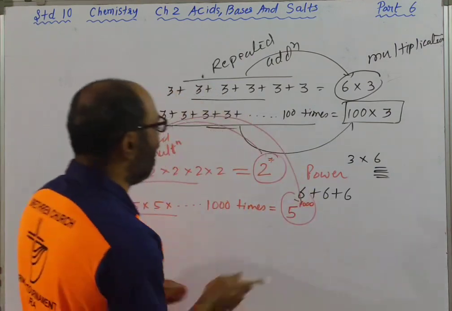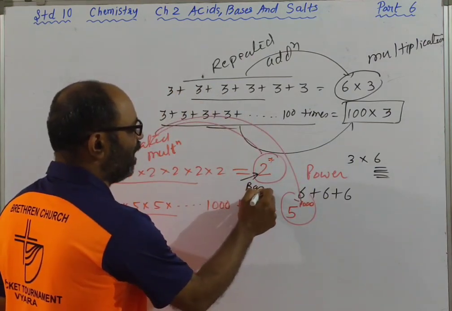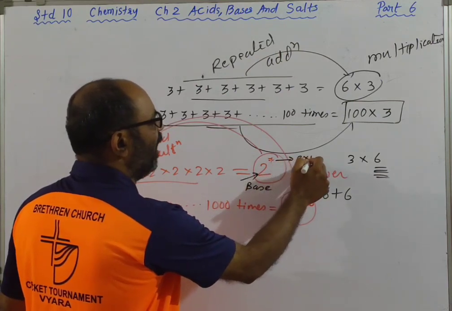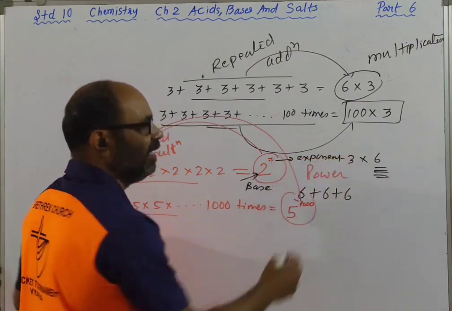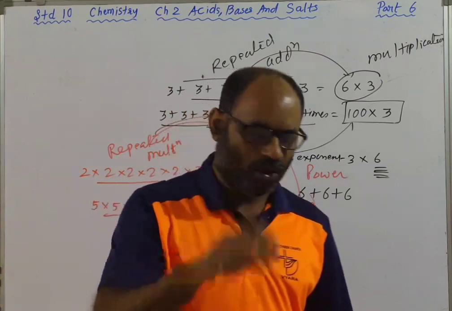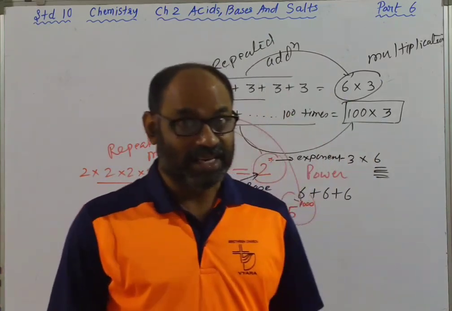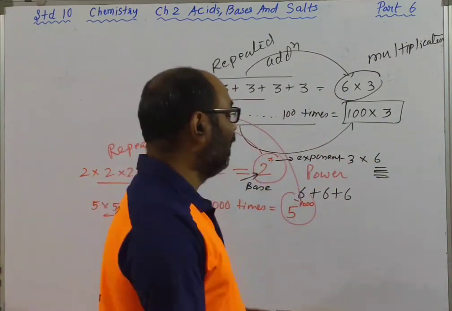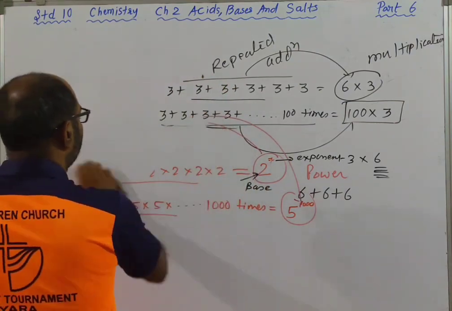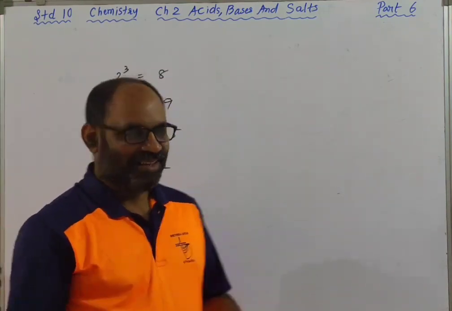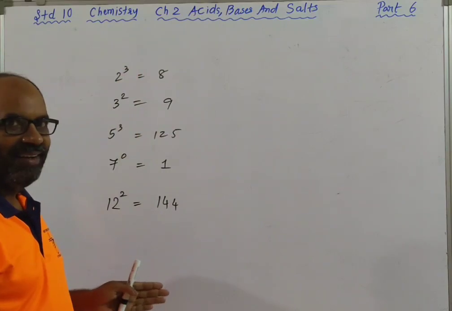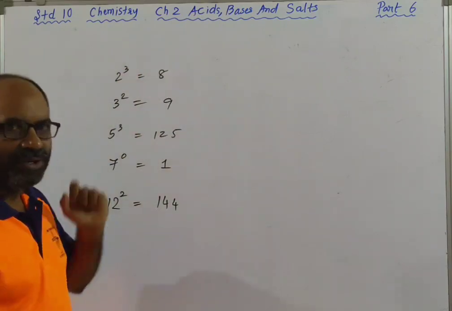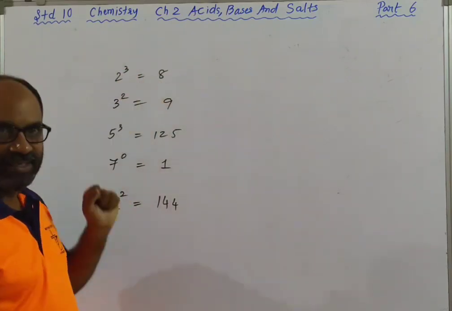In power, this is called the base and this is called the exponent or index, or sometimes we also call that power. Is that clear to you? Now look at the same thing. What have I written here? 2 cubed. 2 into 2 into 2, that is, the value is 8.